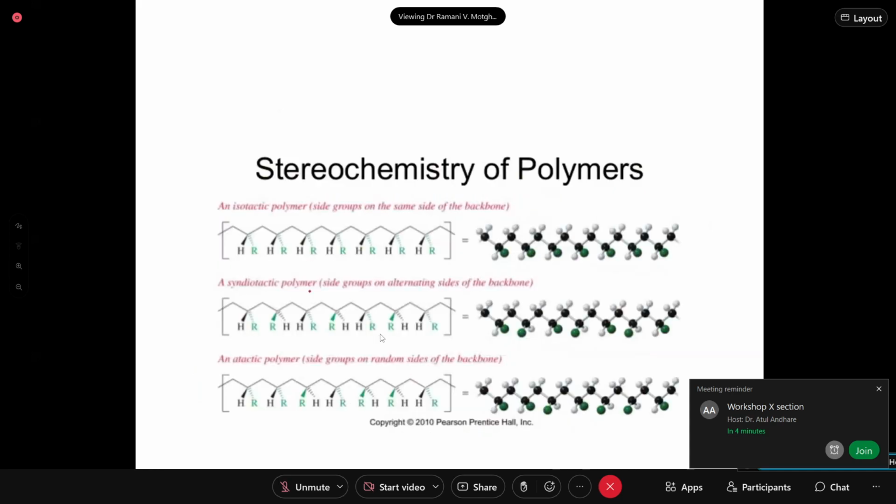So the diagrams are shown here. So this is an isotactic polymer where you are having this functional group on one side only of this linear chain. But if this R is on the other side and this is on this side, so this becomes syndiotactic. Every time it is alternating, like one towards you, one away from you, and one towards you, one away from you.